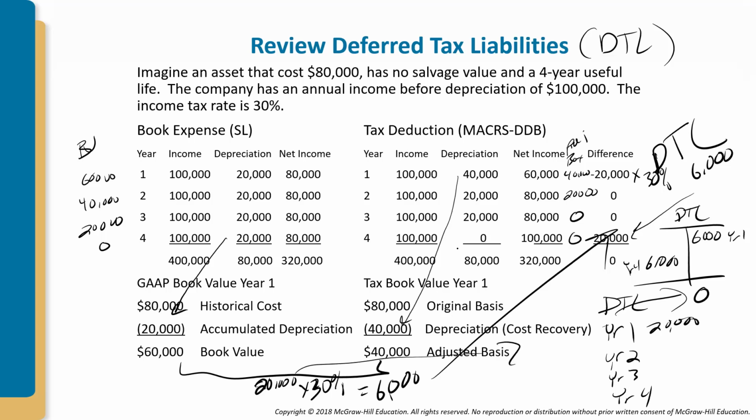Then for year 2, we still have a difference of 20,000. Year 3, a difference of 20,000. And year 4, a difference of 0. So our deferred tax liability, times 30%, is going to be 6,000, 6,000, 6,000, and then 0. Okay, and that's what we did here. It goes down to 0 in year 4.